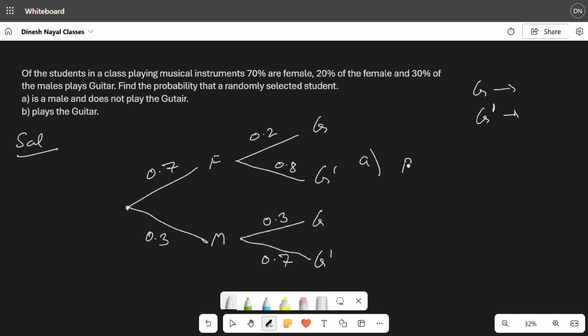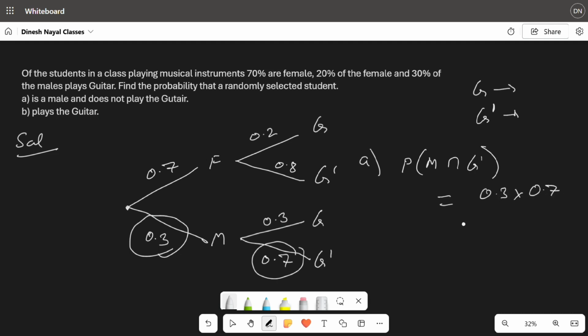So that's the probability of male intersection G dash. Okay, now if we look at the tree diagram, this is male and does not play the guitar. So this will be 0.3 times 0.7. So the answer for the A part is 0.21.